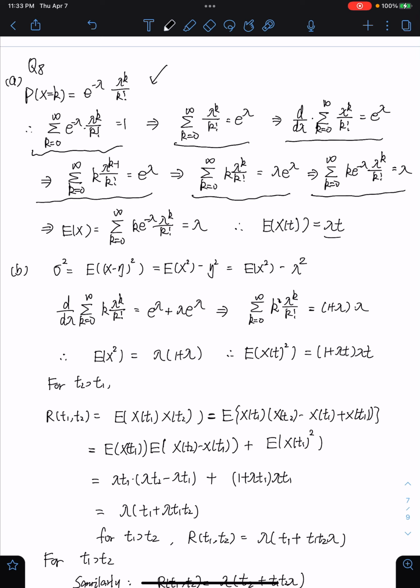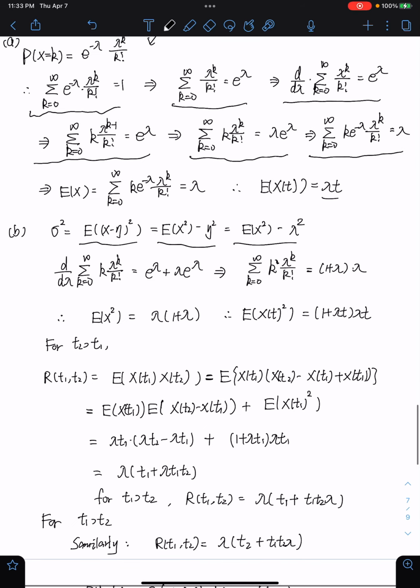And then we need to find the autocorrelation of this Poisson distribution. First, we apply the variance equation, which is the expectation of (X minus lambda) to the power of 2, and we can write the variance in these equations and apply lambda equals eta, and we get these functions. In order to solve for the expectation of X squared, we can also use the differentiation method on both sides.